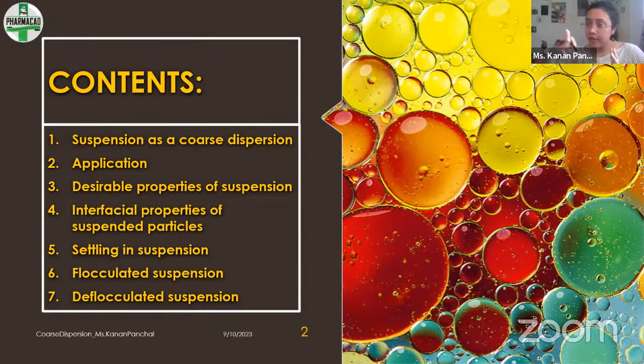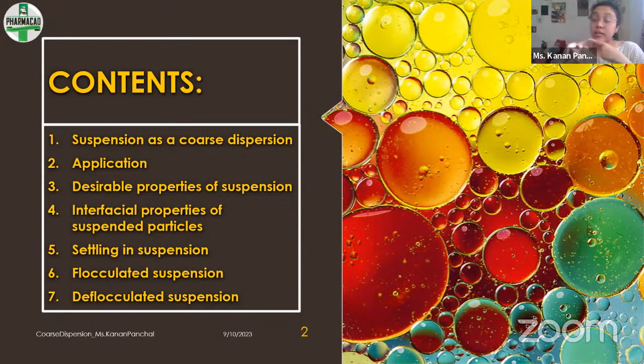Fine. So in the first part of coarse dispersion, we will be studying about the mechanisms and the thermo aspects of the suspensions. In the second part of coarse dispersion, we'll discuss about emulsions. So what I'm thinking of doing this time is that we will do it parallelly. Always I used to teach coarse dispersions together, suspension and emulsion ke saath.